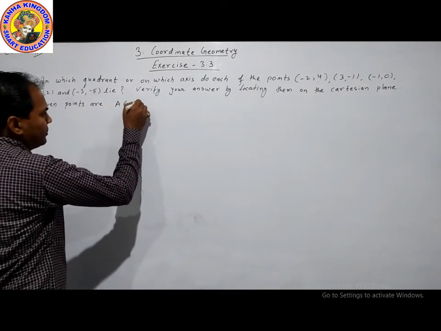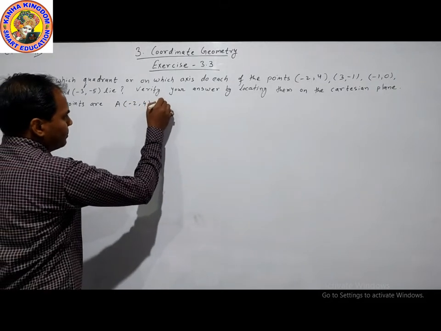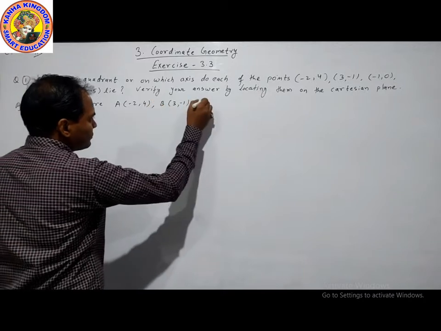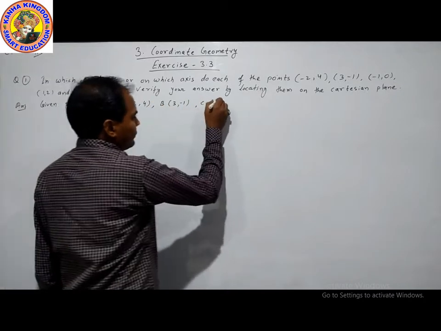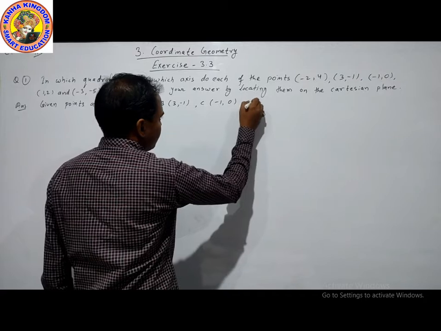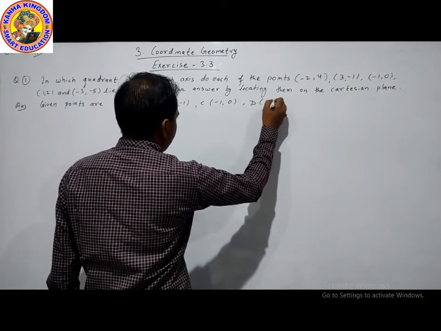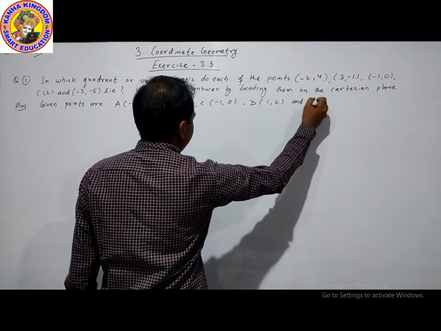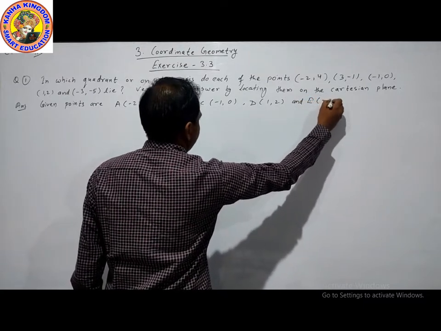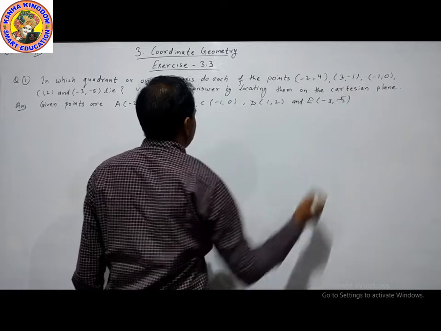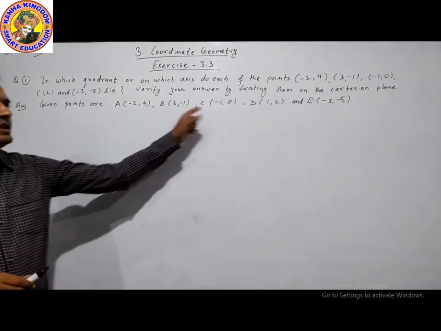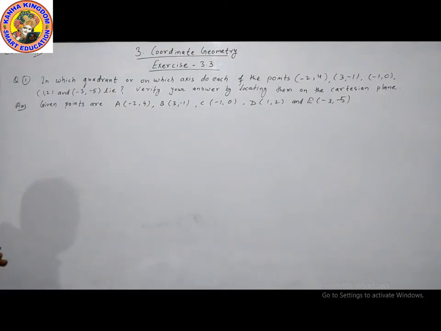Point A (-2, 4), point B (3, -1), point C (-1, 0), point D (1, 2) and point E (-3, -5). These are the 5 points which are given in our question: point A, B, C, D and E.